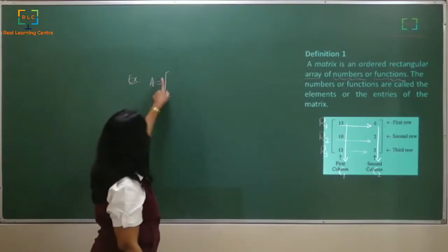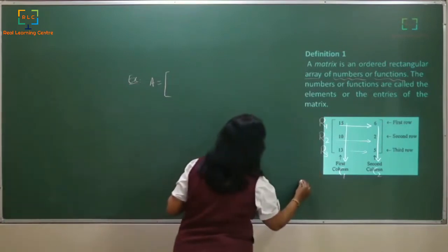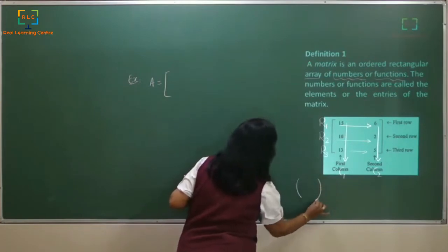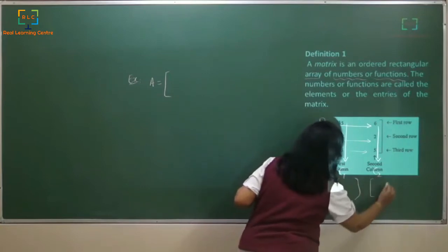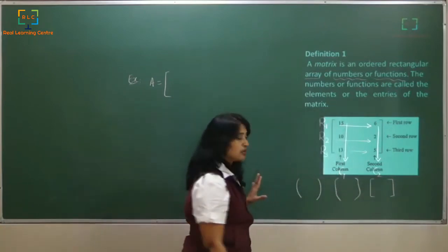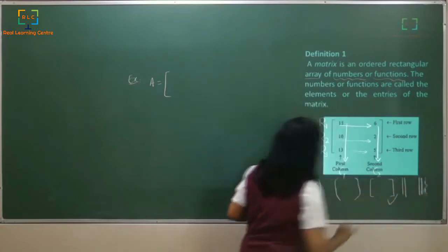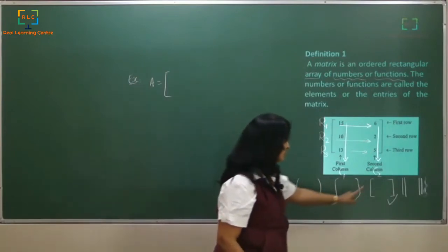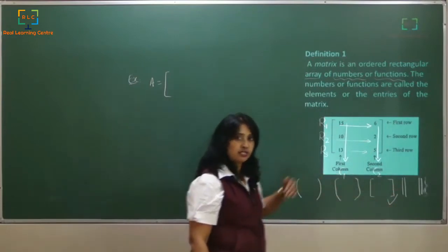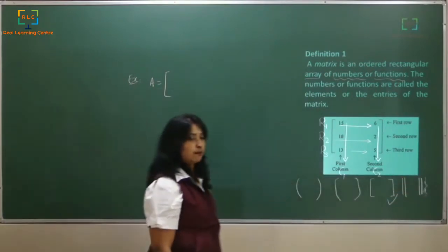There are certain brackets that we use: all the elements are enclosed by small brackets, or matrix brackets, or square brackets, or sometimes double lines on either side. The frequently and standardly used is the square bracket, and it indicates a matrix. A matrix is always enclosed by square brackets from now on in our chapter, though the other brackets can also be found in some question papers in the textbooks.